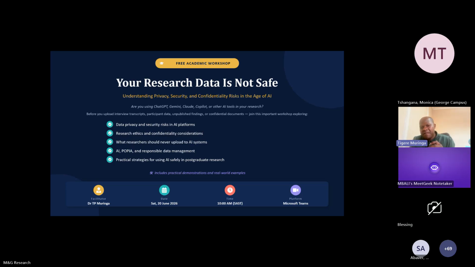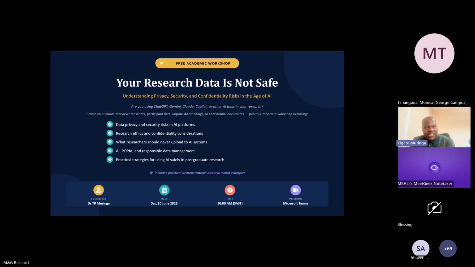I'm saying every prompt, every upload, every transcript, or data placed into an AI system must be assessed against ethics approvals, participant consent, POPI Act, or the laws that govern privacy in your country, institutional policies, and the researcher's duty to confidentiality.